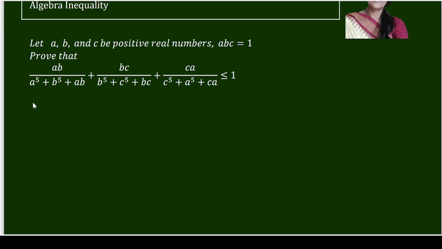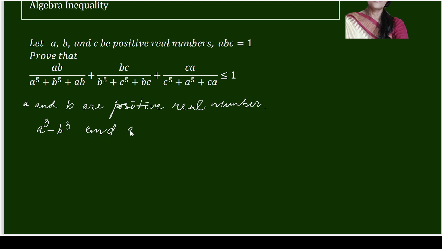Here it is given that A and B are positive real numbers. So A cubed minus B cubed and A square minus B square are of the same sign.